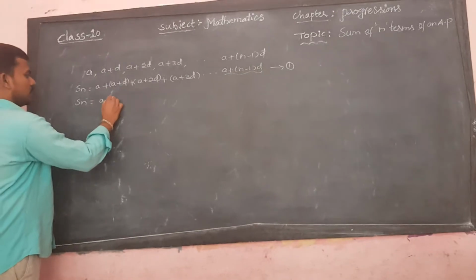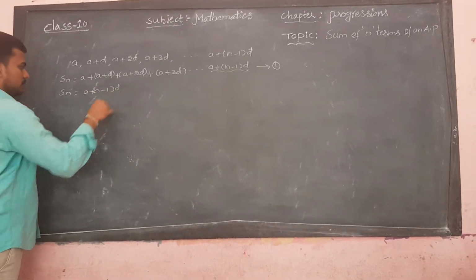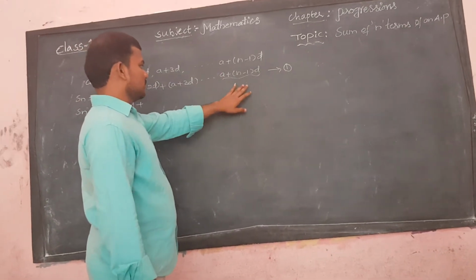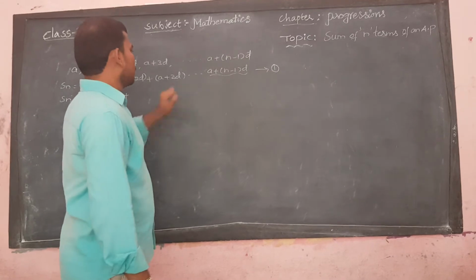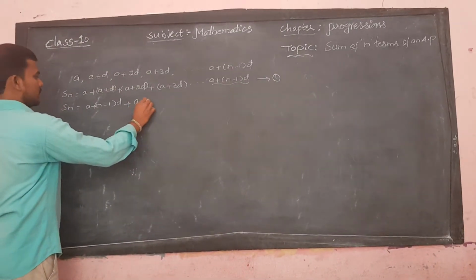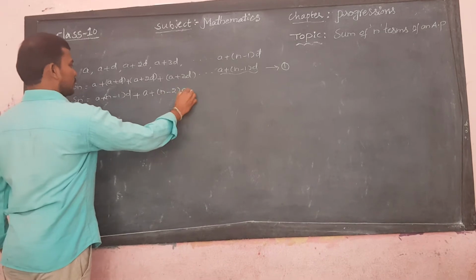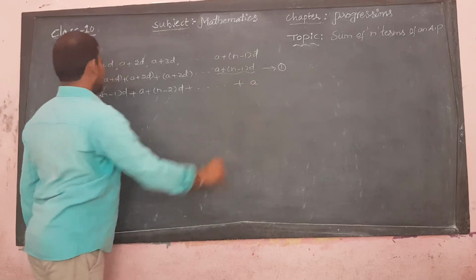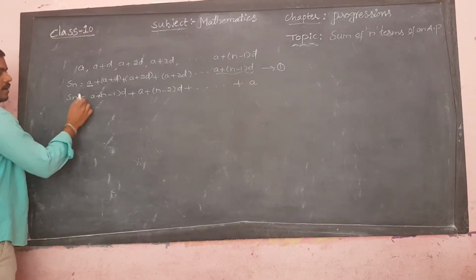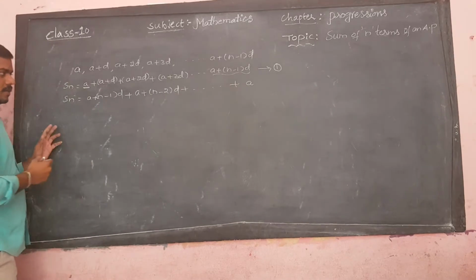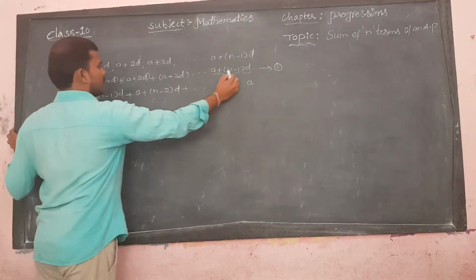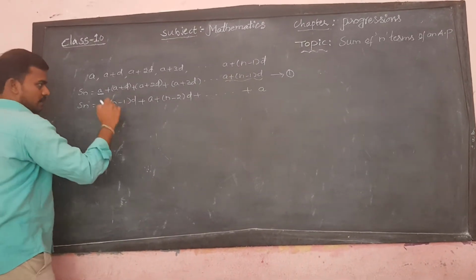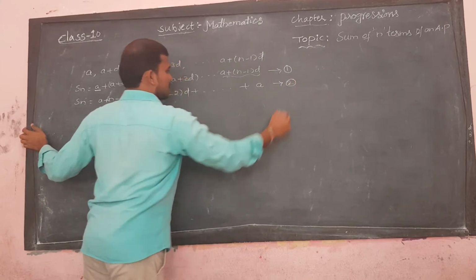Then plus the term before it, which is a plus (n minus 2) into d, and so on, and the last term is a. So here the first term a is taken as the last term in this equation, and the last term of the first equation, a plus (n minus 1) into d, is taken as the first term in the second equation. We consider it as the second equation.